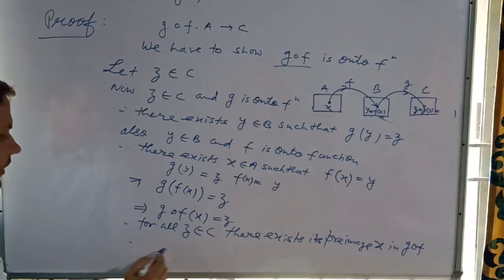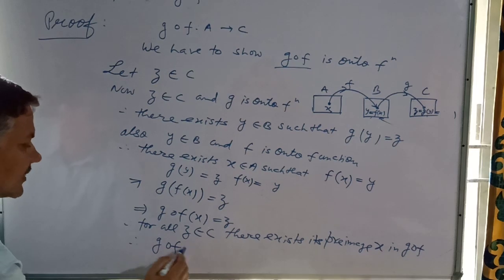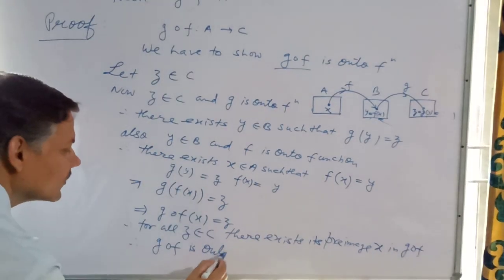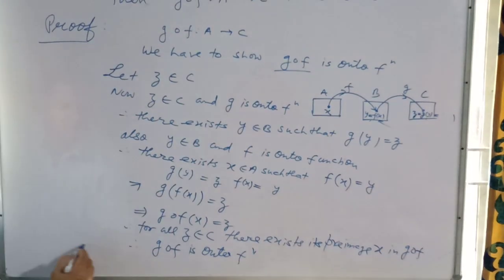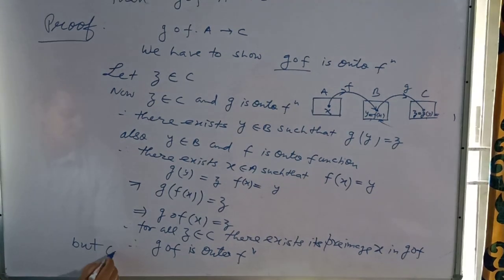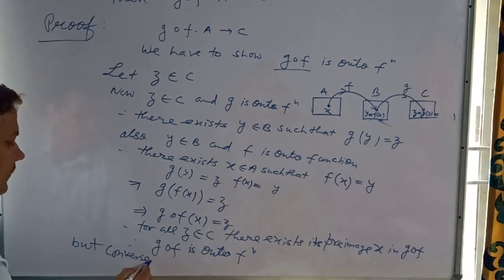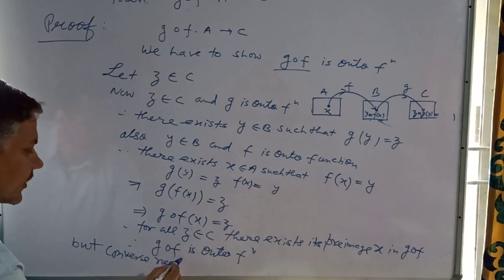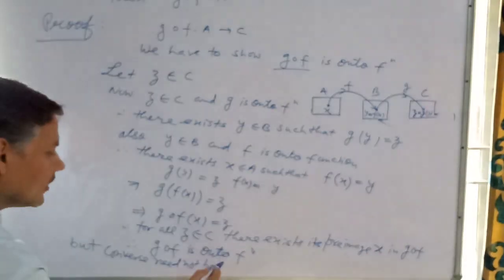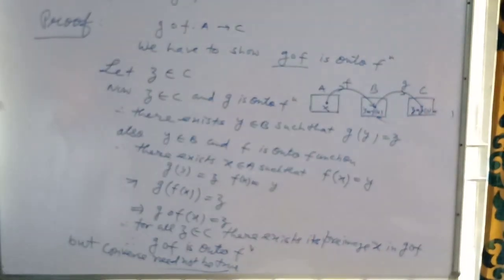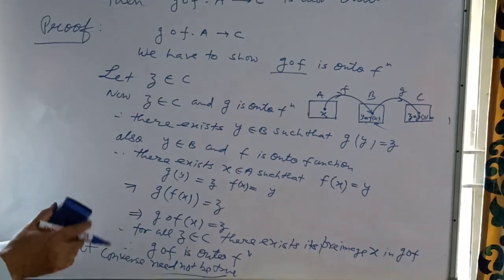Therefore, f composition g is an onto function, but the converse need not be true. This is for 1, 1 and onto.